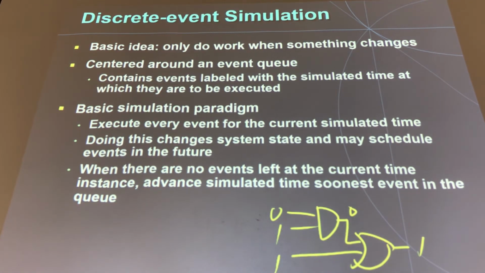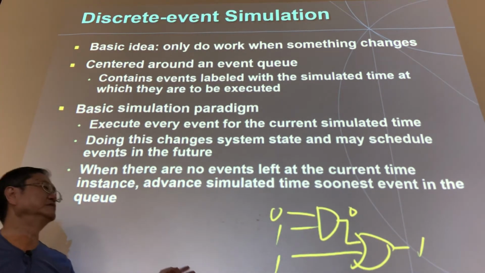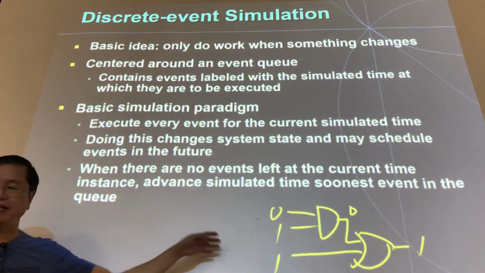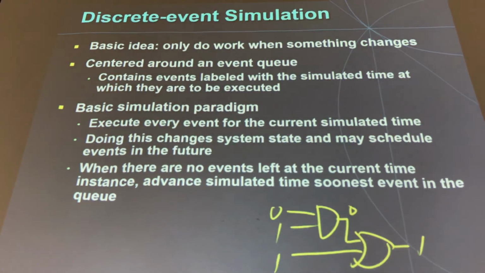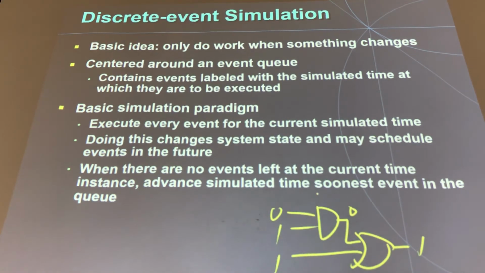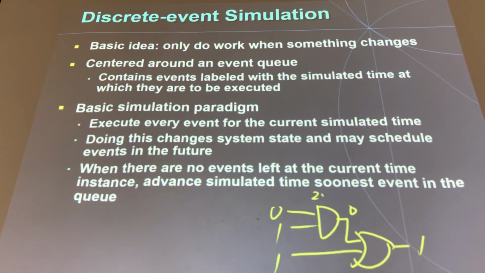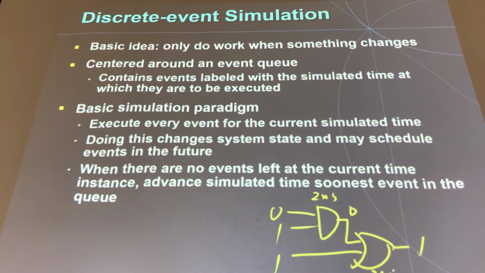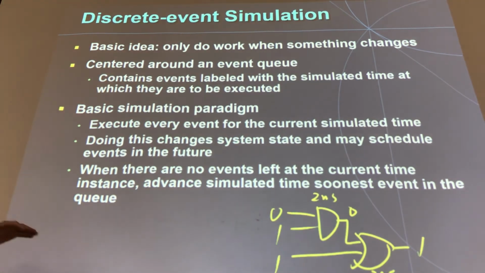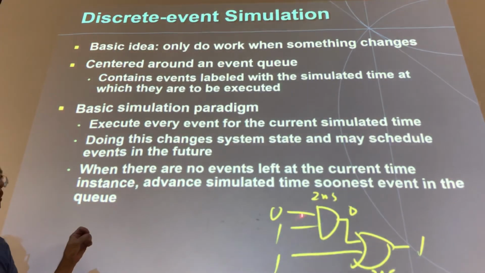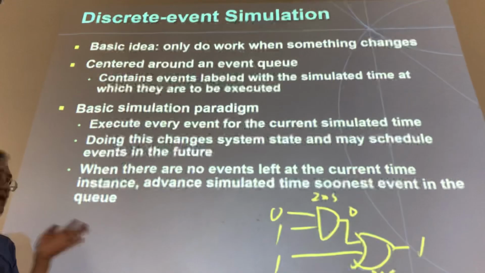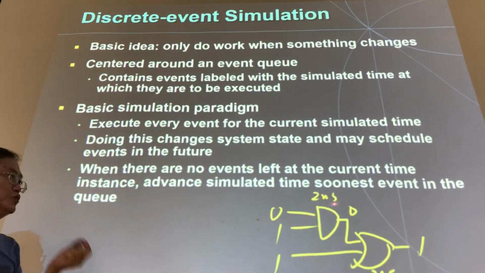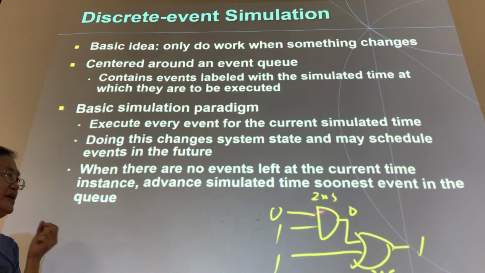And that's it. But from the event-driven simulation point of view, it also involves delay. So for example, the AND gate is 2 nanoseconds and the OR gate is 3 nanoseconds. In the simulation, we will schedule an event after 2 nanoseconds to evaluate the AND gate and get 0.